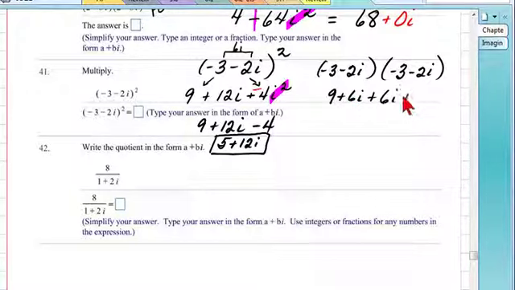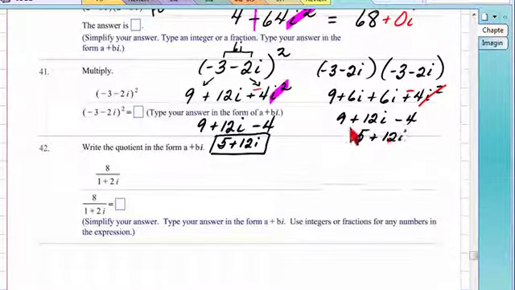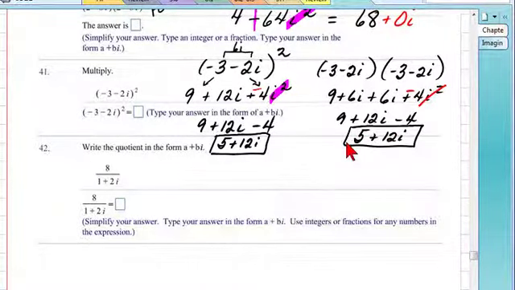The product of the last is plus 4i squared. i squared goes away, changes that to a negative. I have 9 plus 12i minus 4, or 5 plus 12i. If you prefer to write it out twice because you know you won't make a mistake that way, then by all means do it.